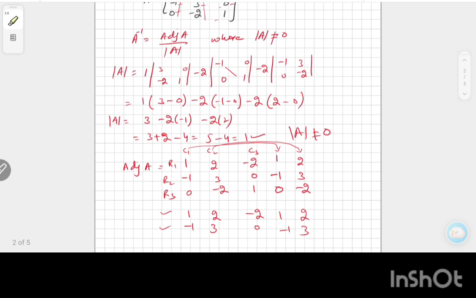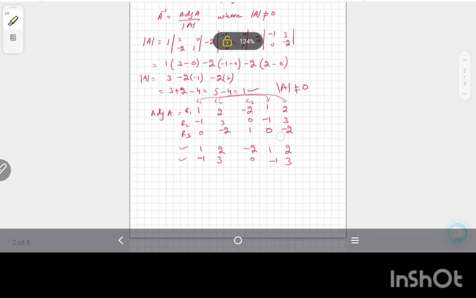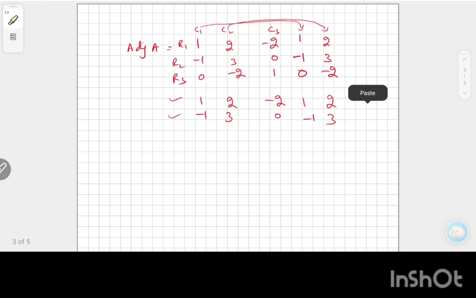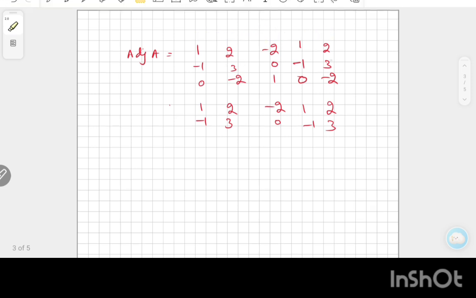Now we remove this R1 R2 and this R1 R2, and make the values in the form of an L. This is our L form. We make the L here, and we ignore the other value.